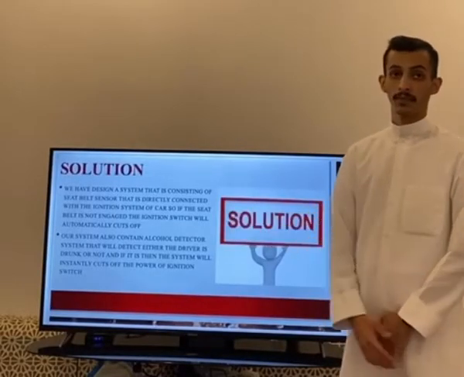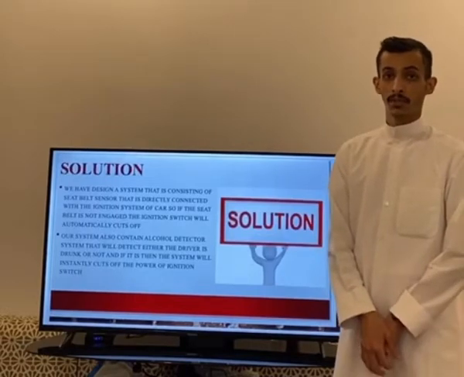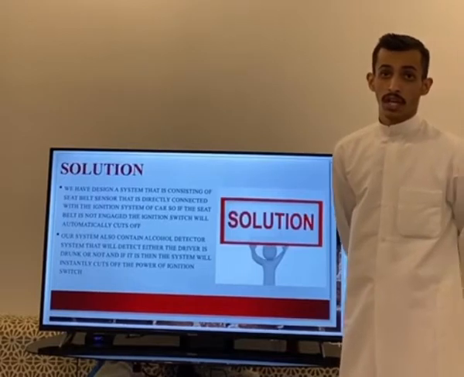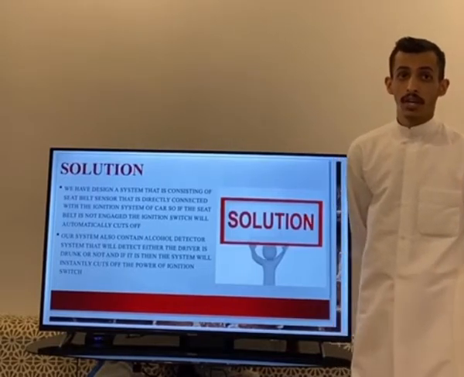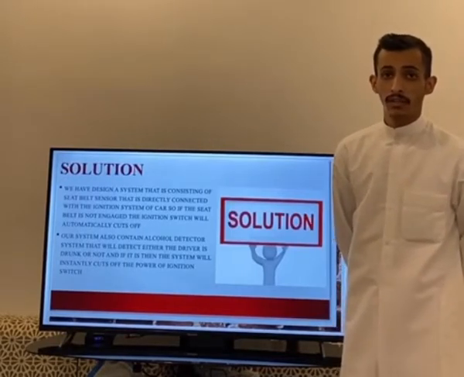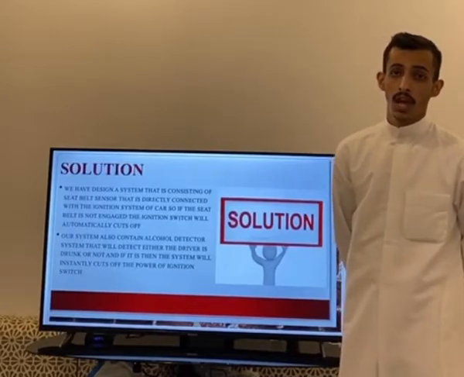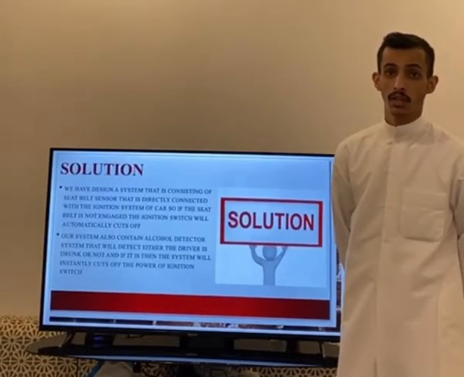In this slide we have presented the solution for the problem that was discussed in the previous slide. We have designed a safety system that contains an alcohol detector and a seat belt detector.